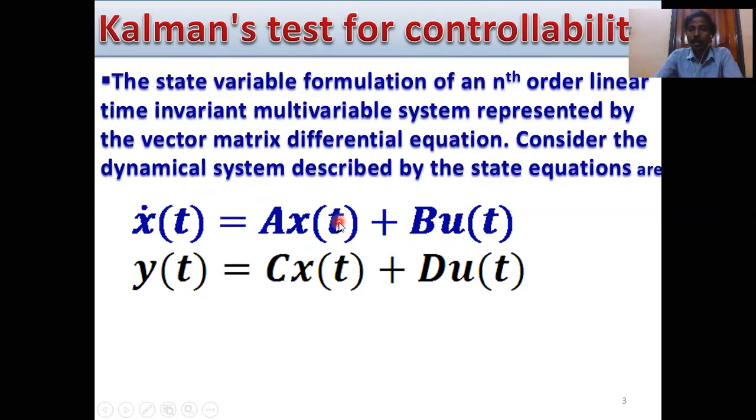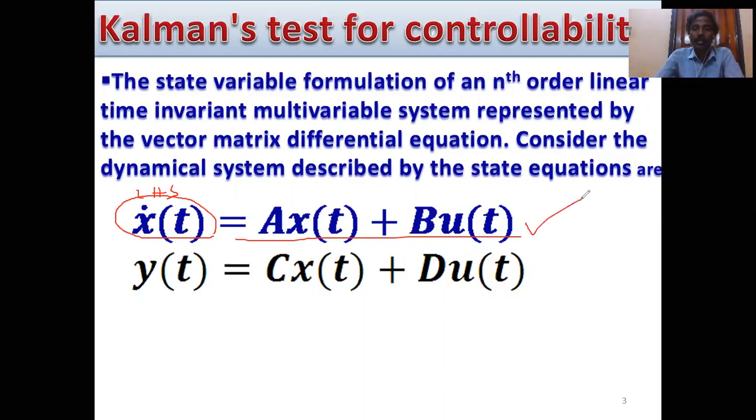Why state equation? Because the left hand side has differentiation terms only, and the right hand side is free of differentiation terms. This type of equation is called state equations.